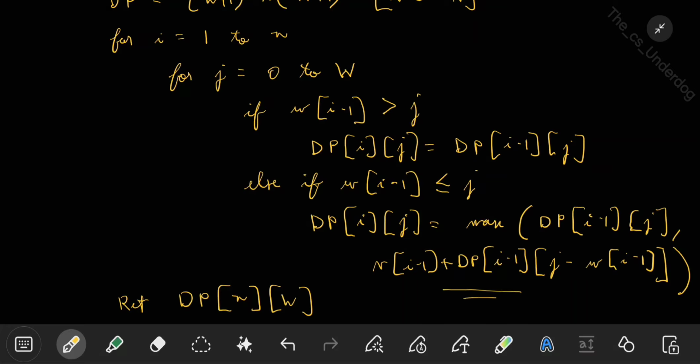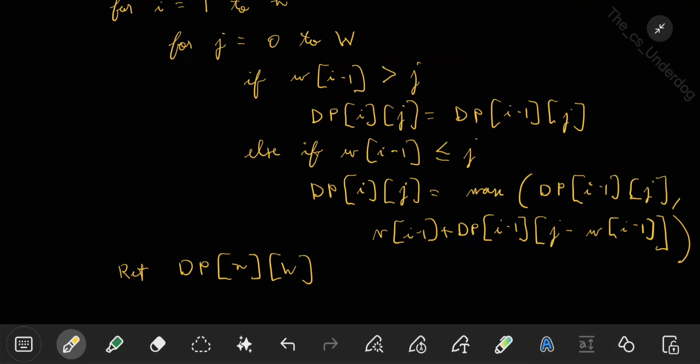You will see the maximum of these two values, that is the maximum of not including and including. If not including, how do you write it? You write it as dp[i minus 1][j]. That is, with the i minus 1 items, that is not including the ith item, and with a capacity of j, what is the maximum profit? Otherwise, if you are including, then what is the case?